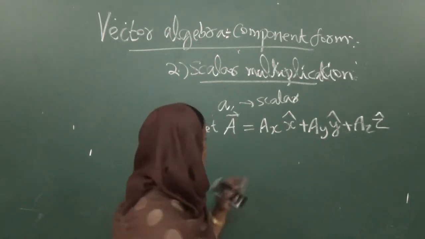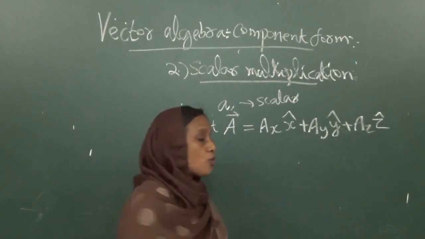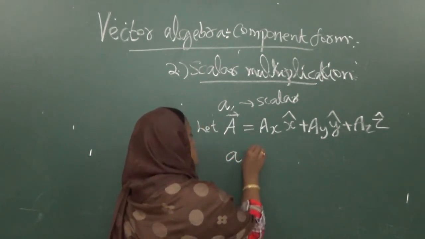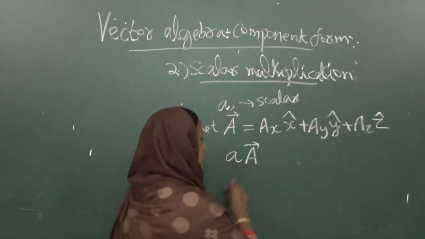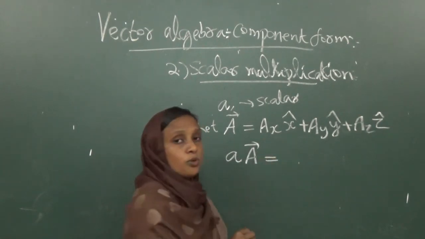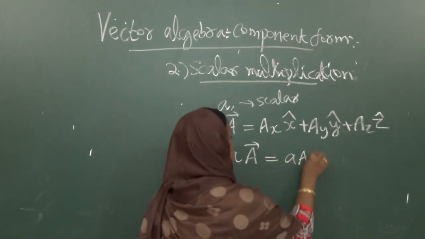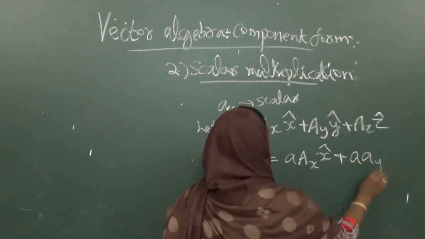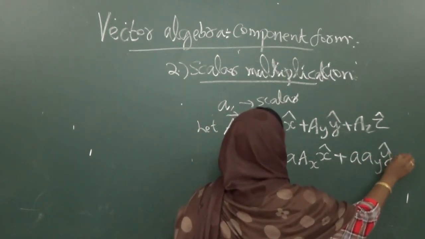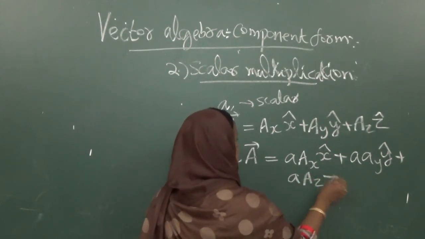So you can write the scalar multiplication of small a with vector A equal to a Ax x cap plus a Ay y cap plus a Az z cap.